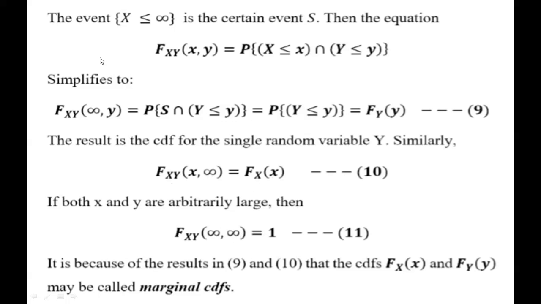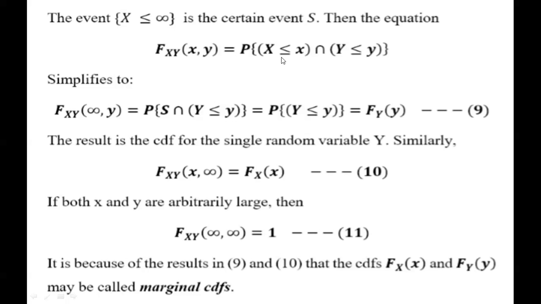I'll repeat. See here, if your random variable x happens to be a sure event, then you get the CDF of y. If your random variable y happens to be a sure event, then you get the CDF of x. If both the events x and y happen to be sure events, that means they cover the entire sample space. You can replace in this above equation x as infinity, y also as infinity, substitute them.